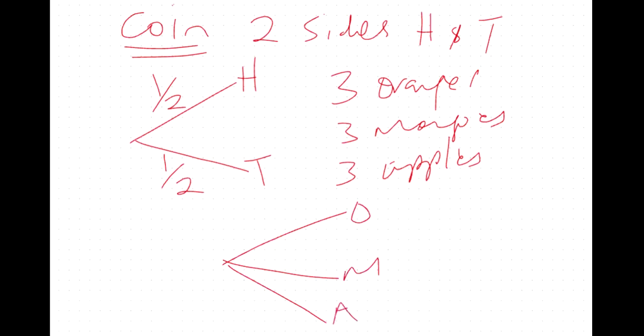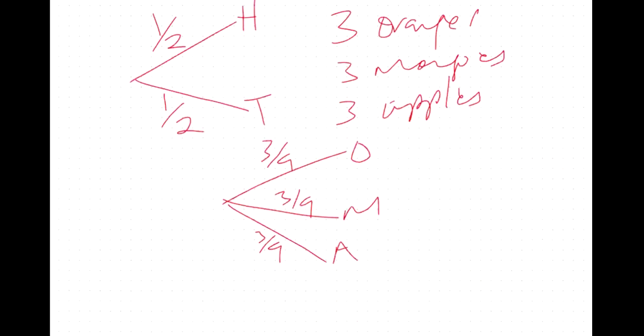This one will just be 3 out of 9, the other one 3 out of 9, the other one 3 out of 9. Simplifying, this is simply 1 out of 3, this is also 1 out of 3, and 1 out of 3. That happens only when you have equal chance or an equal number of items. I hope I've been able to answer that.